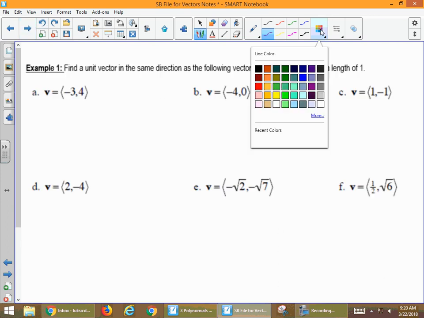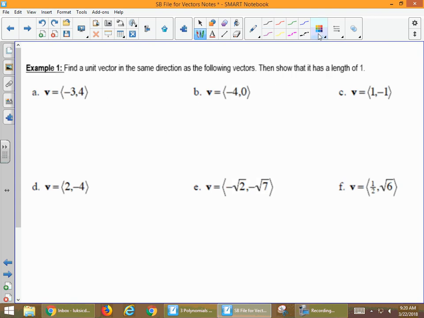If our vector is negative 3, 4, what's the magnitude? 5, absolutely. So square root of the squares there. You end up with 25 under that radical, and the square root of that is 5.